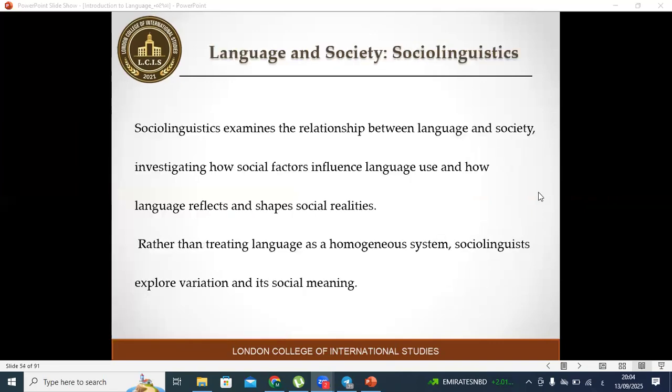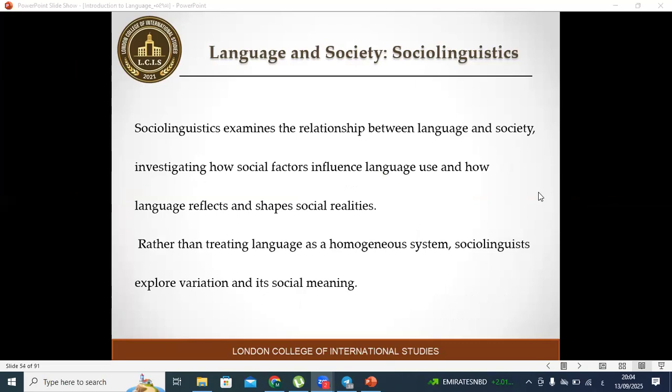Sociolinguistics examines the relationship between language and society, and that's what sociolinguistics is all about: language and society.